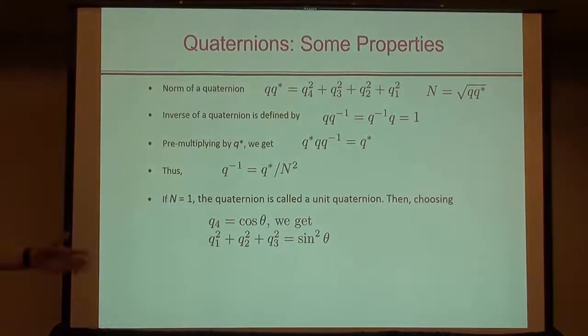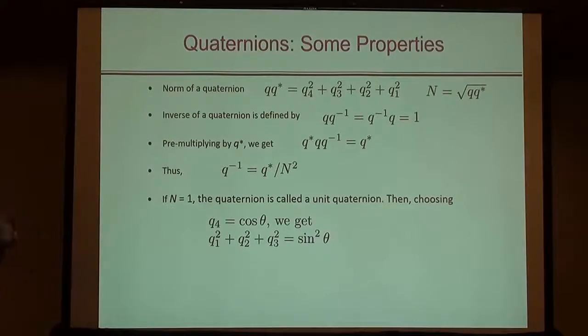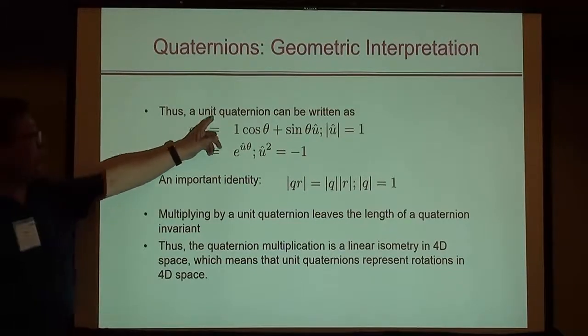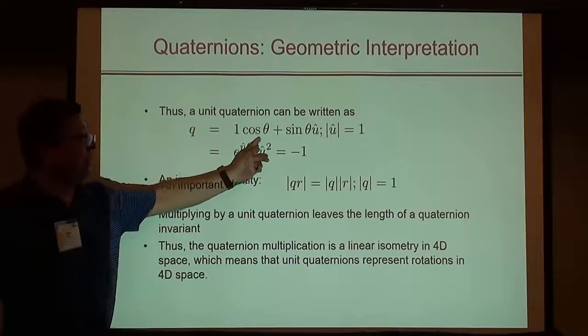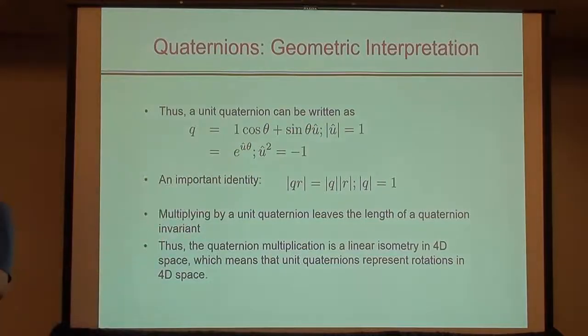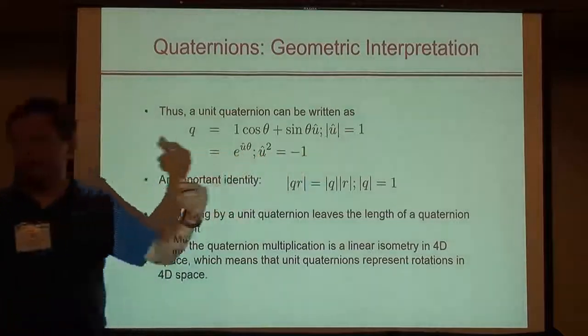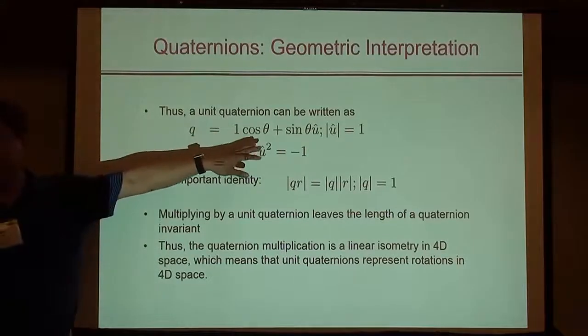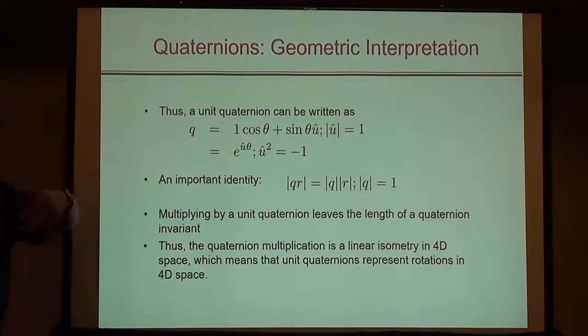That's an algebraic trick that we use here, and the next page will show you why it makes sense. Then you can write a unit quaternion in this form: cosine theta plus sine theta times a unit vector quaternion u, where the length of u is equal to 1. This is also well known, tied to the Euler parameters of the rotation. So this is a different way of looking at it.